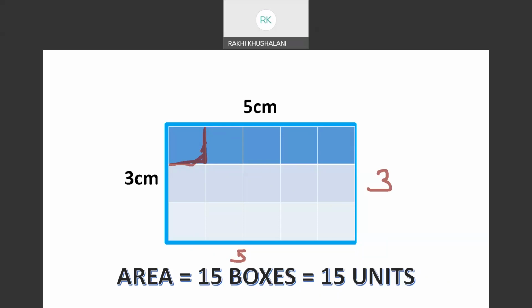We can call this particular side 1 unit. 1 unit by 1 unit. We are not specifying, but I know all the squares are 1 unit by 1 unit. So I filled up this particular area with equal-dimension squares. No space is left at all.